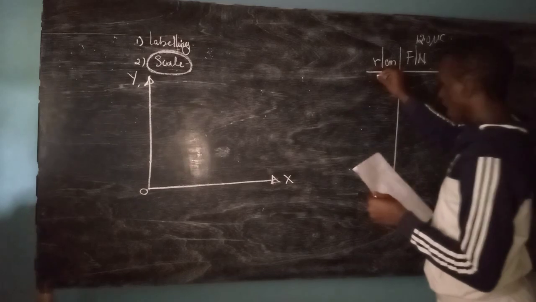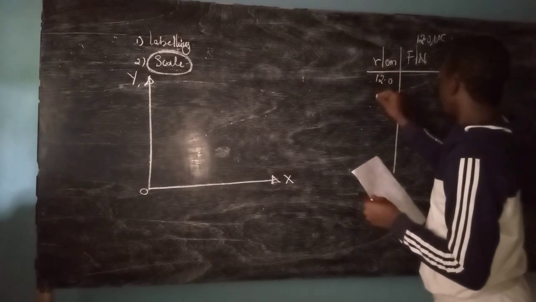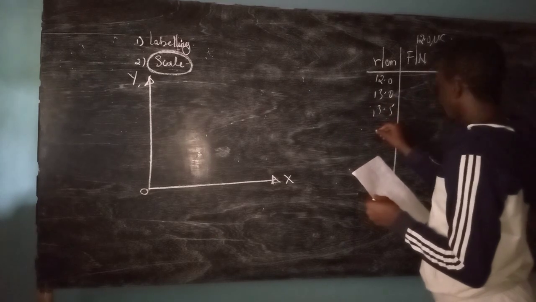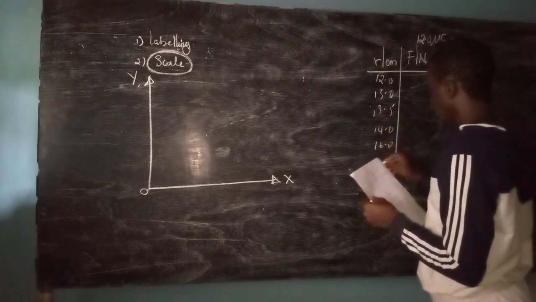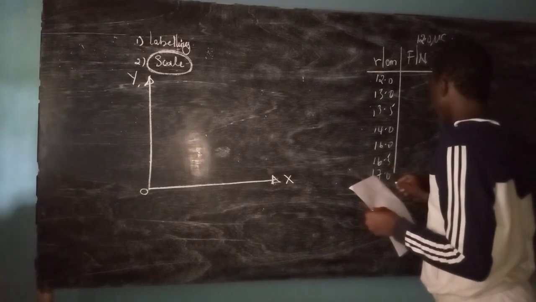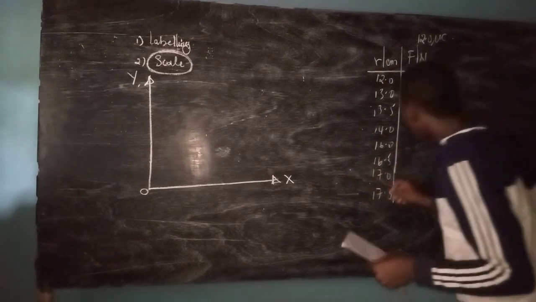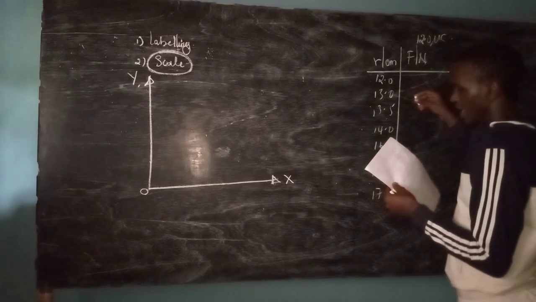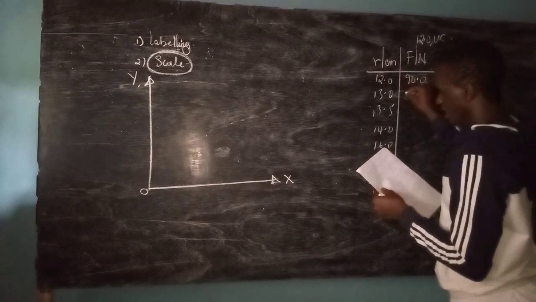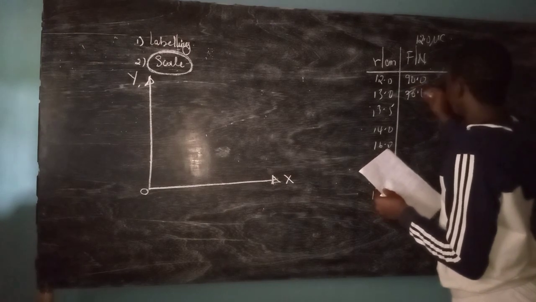So we had 12.0, 13.0, 13.5, 14.0, 16.0, 16.5, 17.0, and 17.5. Those are the values for the separation that the student used, and these were the corresponding values for the force that the student obtained.